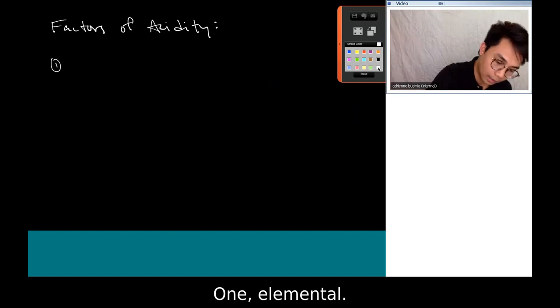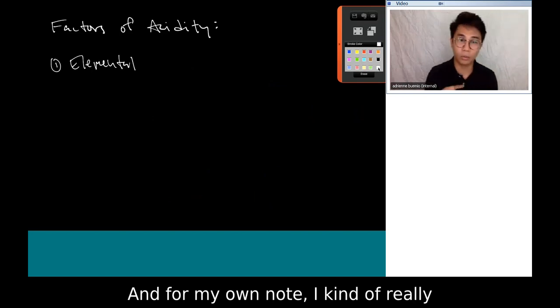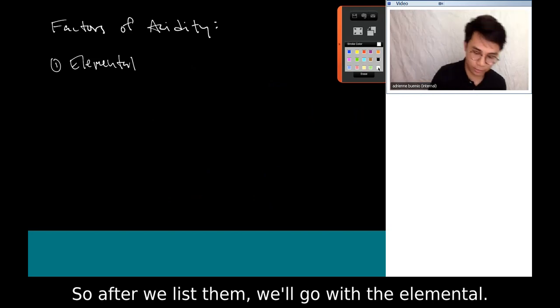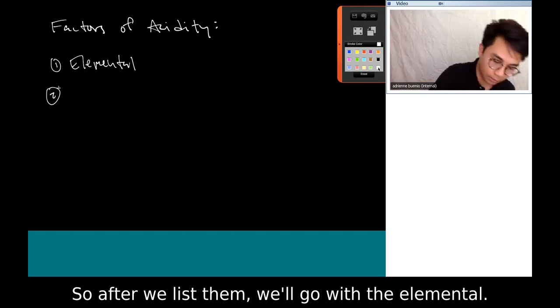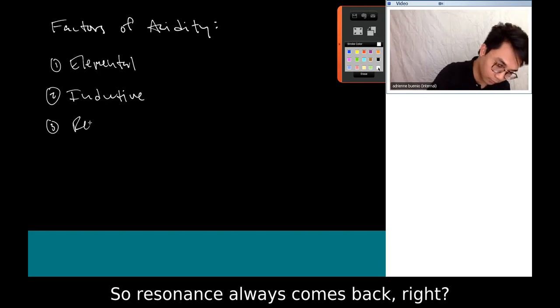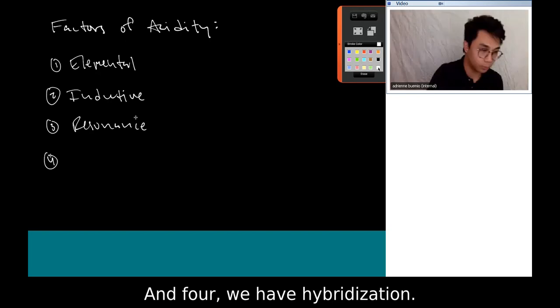One, elemental. For my own notes, I really condensed it into what you look for, so after we list them, we'll go over those. Elemental, inductive, resonance. Resonance always comes back, right? And four, we have hybridization.